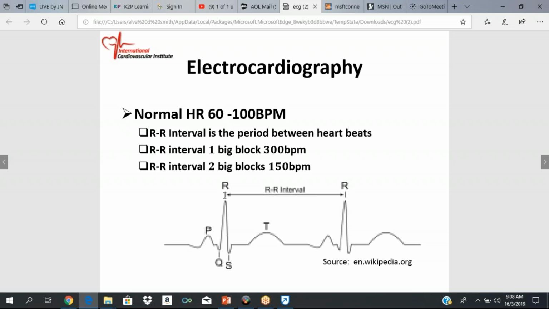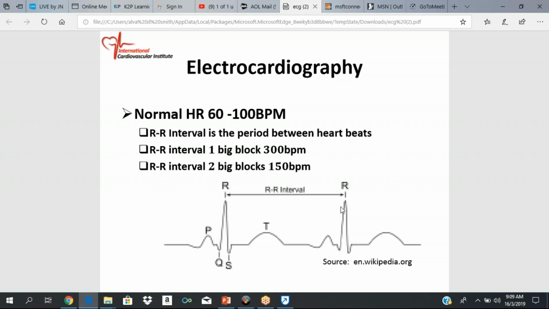Again, the RR interval is the duration from one R wave to the next R wave. If one big block separates the RR interval, the heart rate is 300. If you have two big blocks between the RR interval, then the heart rate is 150.